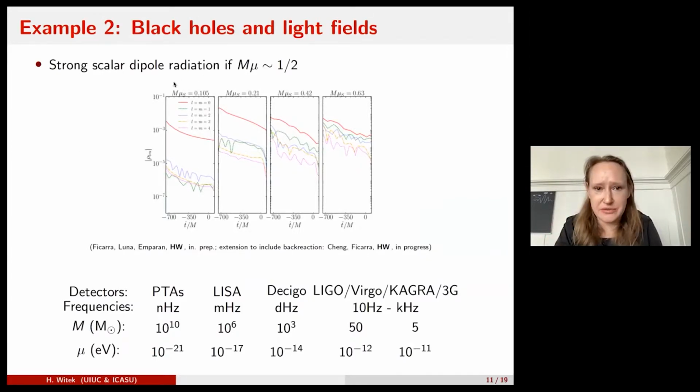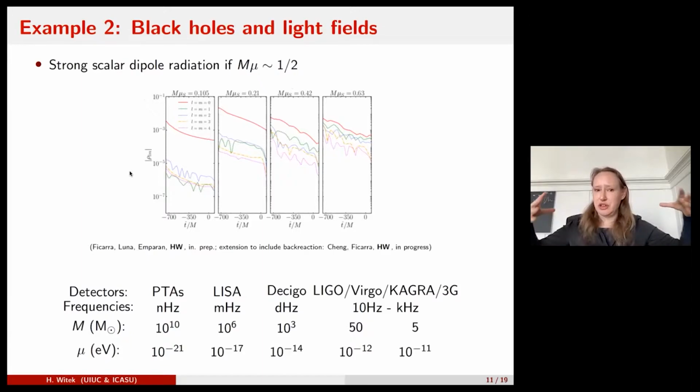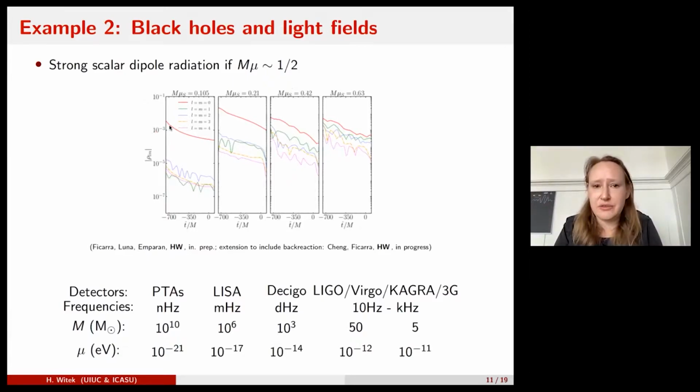So we are varying here from this number being 0.1 to 0.4, 0.6 here on the right. What I'm showing here is the energy, the magnitude of the energy density in each multipole. So what you would expect originally is that this would be dominant in the L equal M equal 0 multipole, which is our scalar charge.